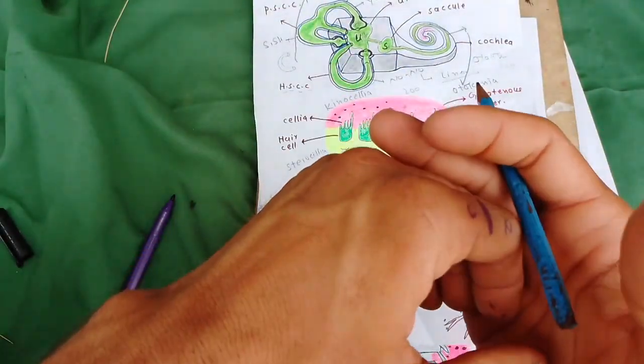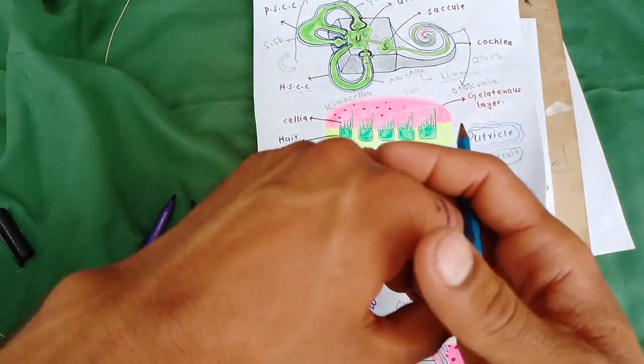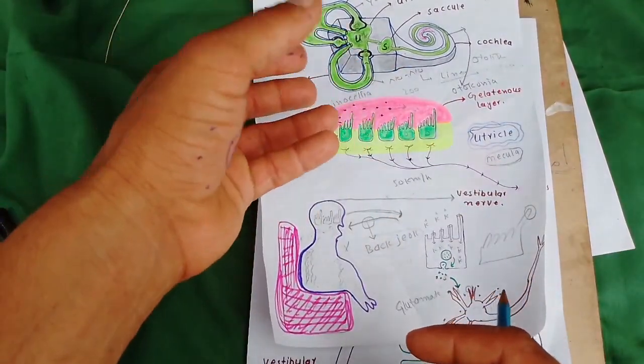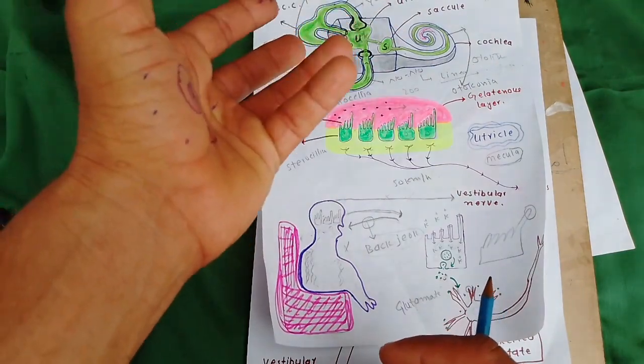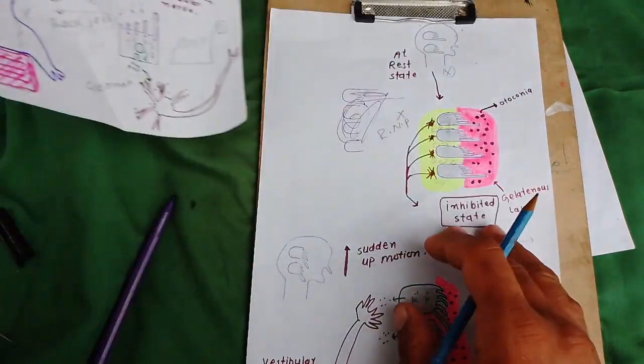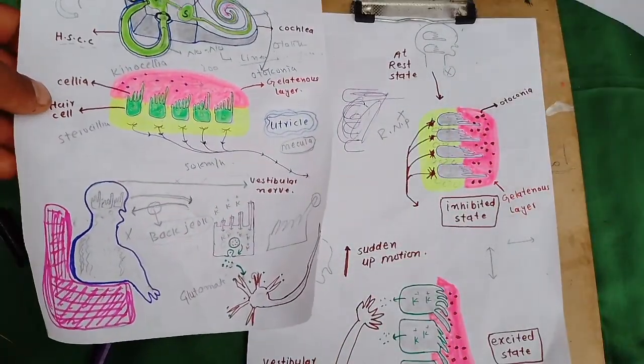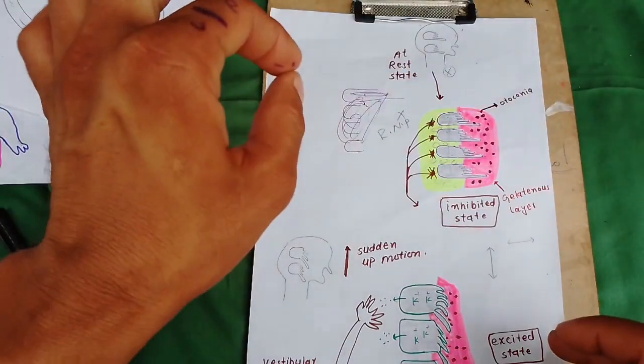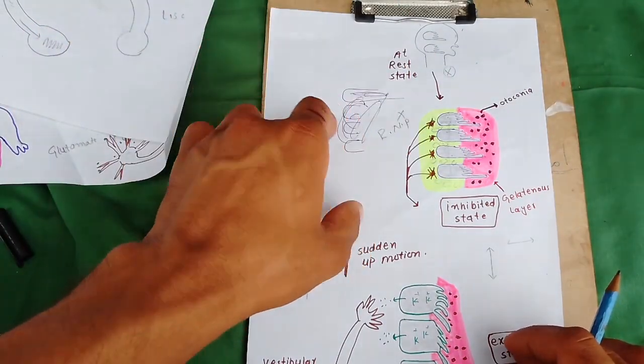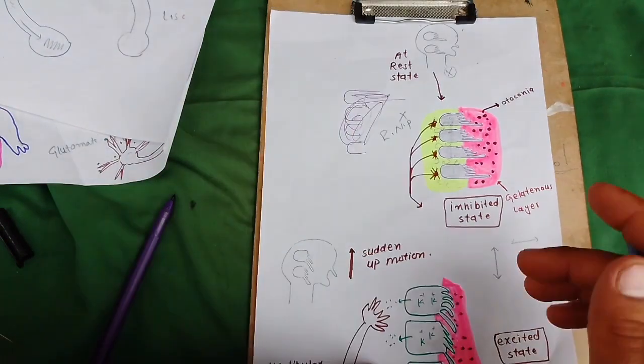cerebellum, medulla, pons, and a response is produced again, and this response goes to the neck muscle, head muscle, back muscle, abdominal muscle, different types of muscle, and maintains the body position. This message is produced due to the rotatory motion, the starting motion.